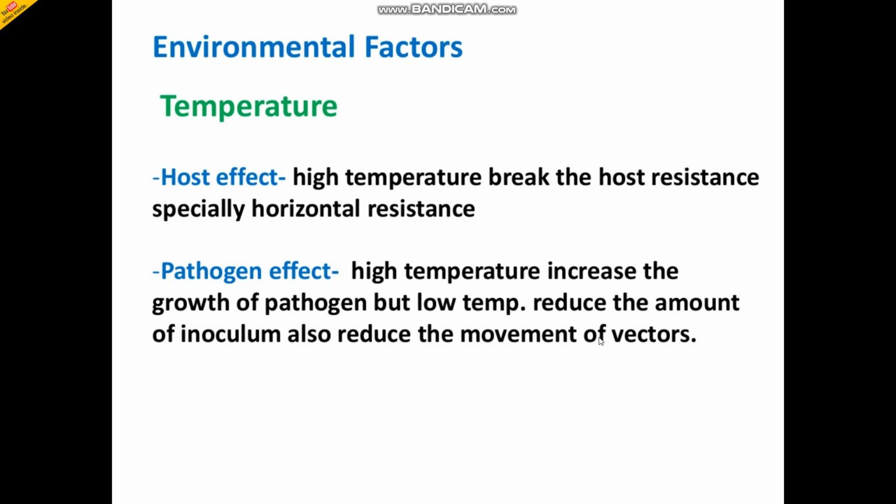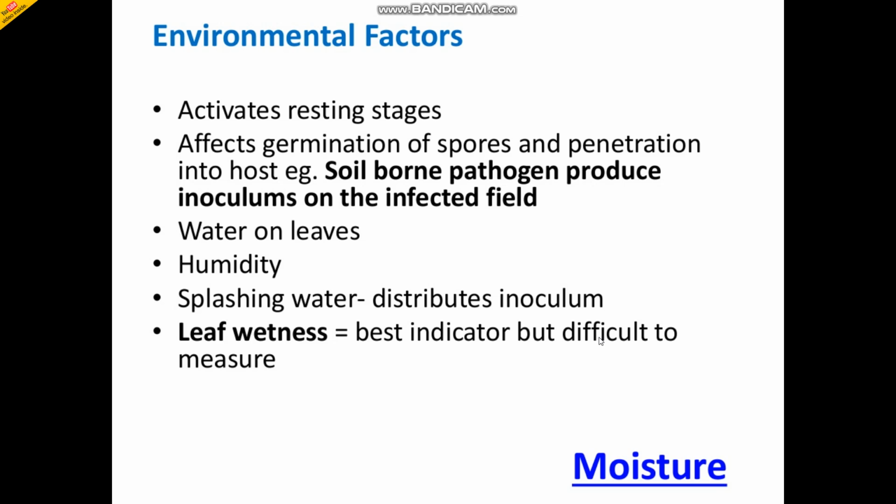Among environmental factors, first is temperature. Host effect: high temperature breaks the host resistance, especially horizontal resistance. Pathogen effect: high temperature increases the growth of the pathogen, but low temperature reduces the amount of inoculum and also reduces the movement of vectors. Environmental factors also activate resting stages and affect germination of spores and penetration into the host.